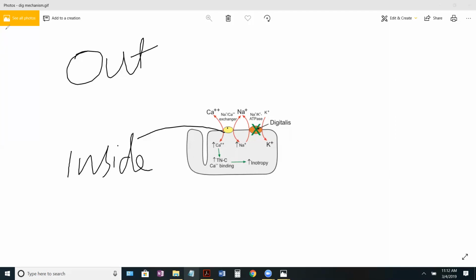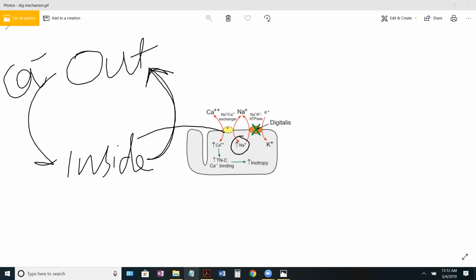So if due to some reason sodium increases in the cell, this pump will start moving sodium out from inside, and while it is bringing out the positive ions, the next thing it will do is bring calcium inside the cell.